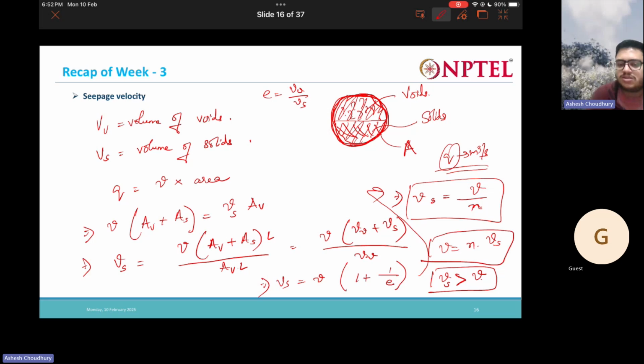Vs is the seepage velocity and V is the superficial velocity, which is considered by taking the complete area. But the flow only happens through the voids, so Vs is the actual velocity. So Vs is always greater than V, and they are related by the porosity. This is how we can derive the expression for the seepage velocity.